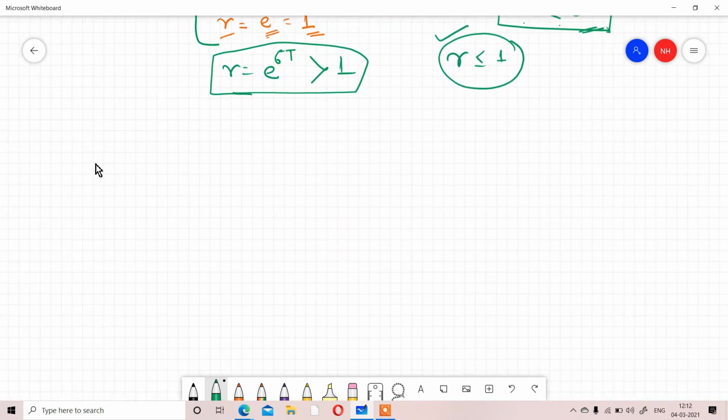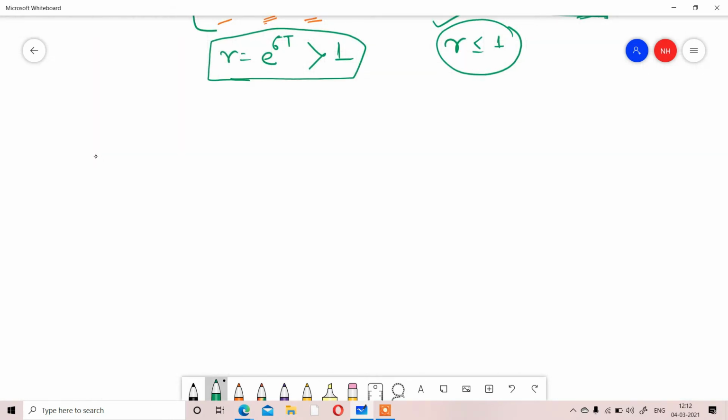If we consider this, we have digital omega equal to analog omega into t.